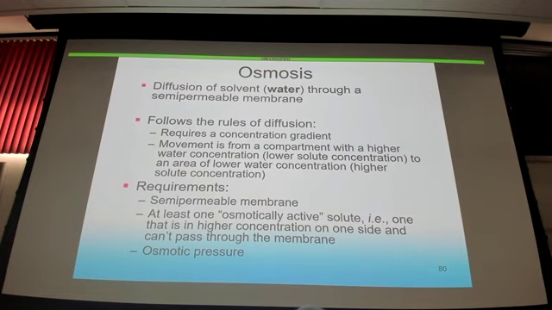So it still follows the rules of diffusion. You must have a concentration gradient difference, and we're always going to move from a compartment with a higher water concentration but fewer solutes to an area where the solute concentration is higher and the water concentration is lower.